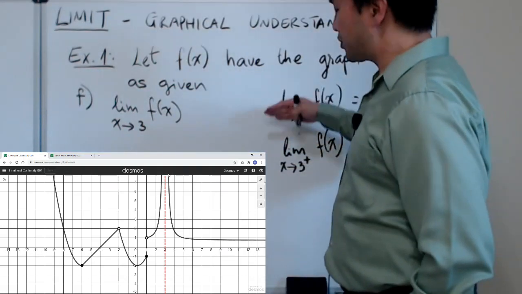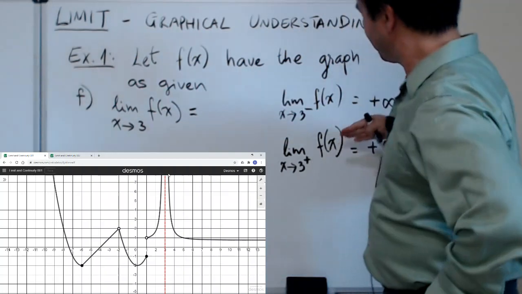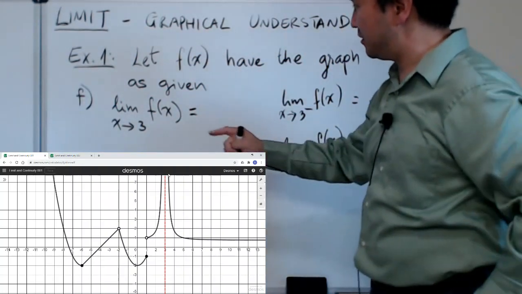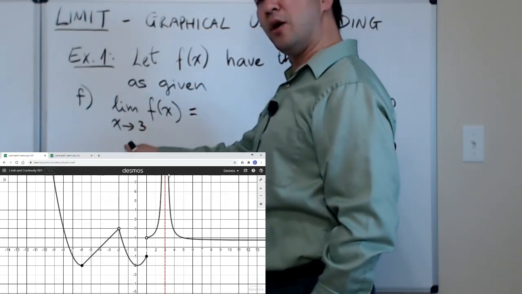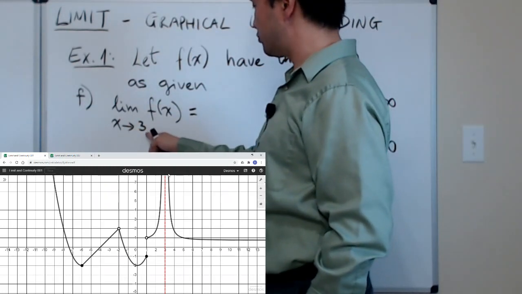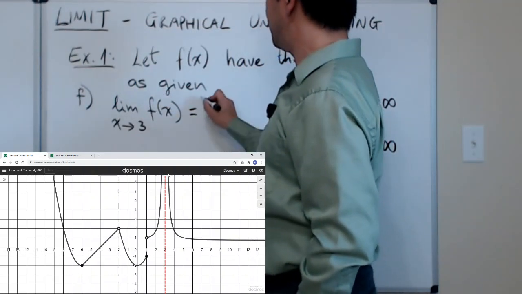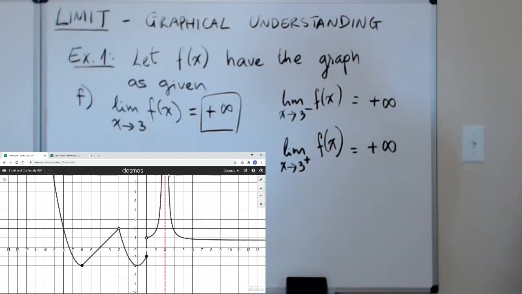So two-sided limits agree this time, but in a direction, a growing up direction right here. So this limit in general can be concluded that from both sides, as x gets close to 3, our function comes to limit positive infinity. And that's how we're answering it. Okay?